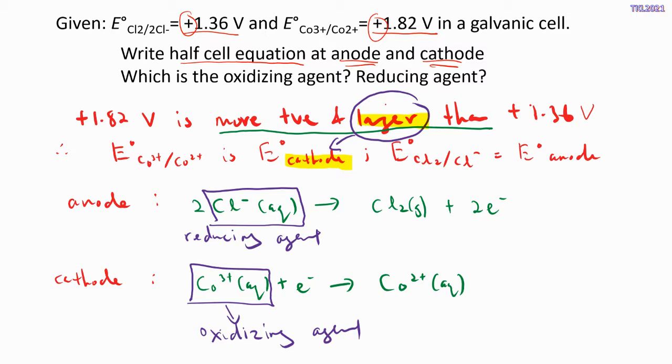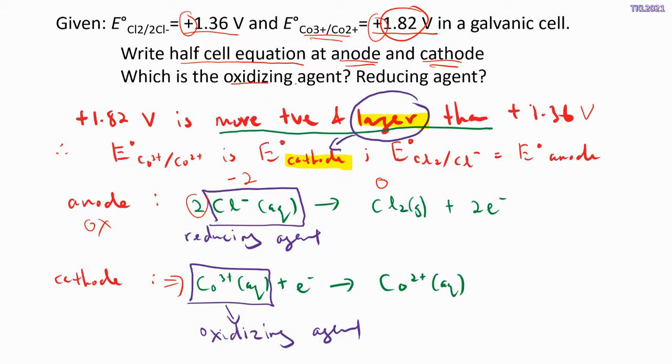If positive, we choose the more positive and larger one. So 1.82 is larger than 1.36, so the cobalt ion will become the cathode, and the anode will be chlorine. For chlorine, remember the anode is oxidation, so the oxidation number goes from negative 1 to 0. The oxidation number increases, so it is the anode.